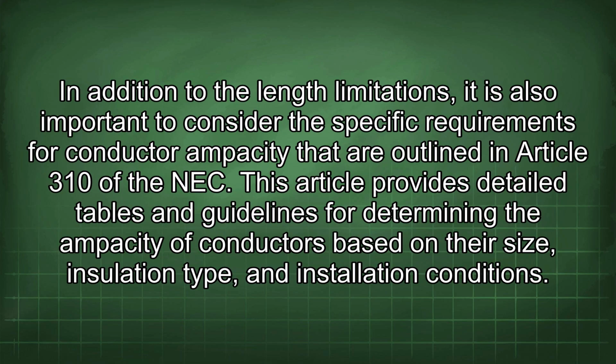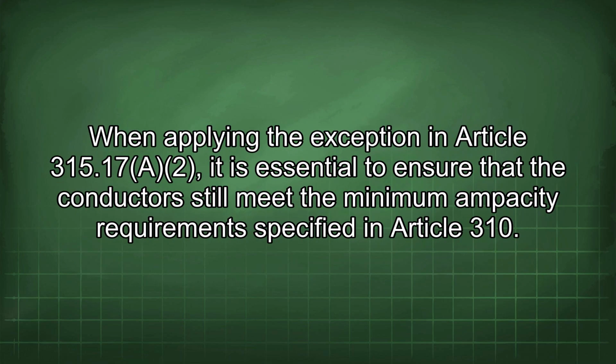In addition to the length limitations, it is also important to consider the specific requirements for conductor ampacity that are outlined in Article 310 of the NEC. This article provides detailed tables and guidelines for determining the ampacity of conductors based on their size, insulation type, and installation conditions. When applying the exception in Article 315.17, it is essential to ensure that the conductors still meet the minimum ampacity requirements specified in Article 310.